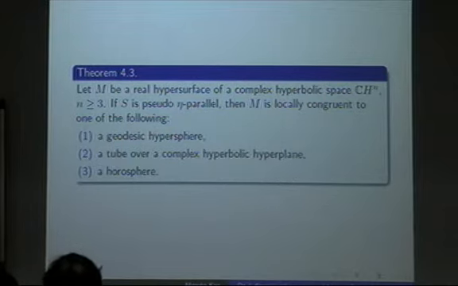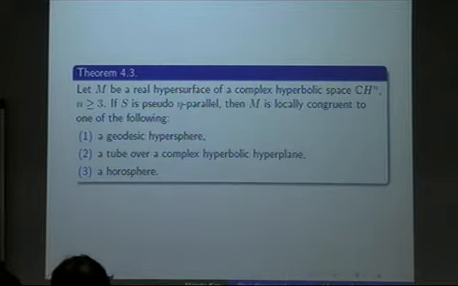When the ambient manifold is CH^n, then M is locally congruent to a geodesic hypersphere or a tube over a complex hyperbolic hyperplane or a horosphere.